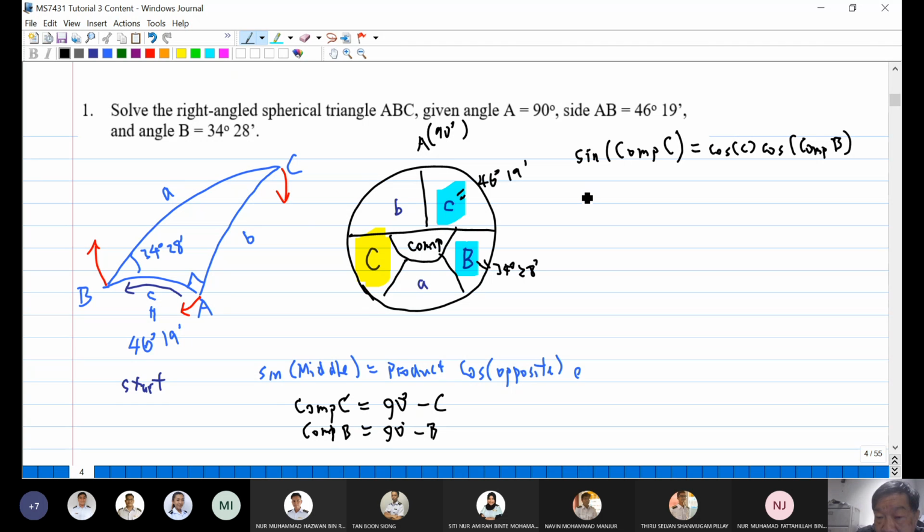So this is actually sine of 90 degrees minus C, which we don't know what C is here. Cosine c we know is 46 degrees 90 minutes. Then this is cosine of 90 minus B. B is 34 degrees 28 minutes here.